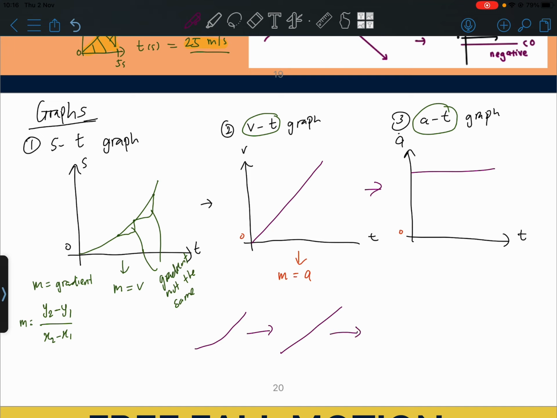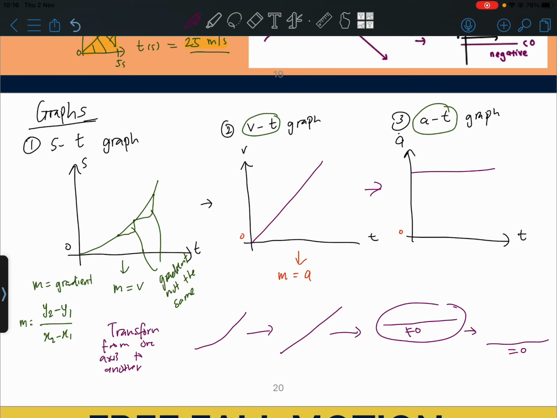If you have a straight line and you want to change into another axis, you will have a constant line. And from a constant line, if you want to change graph or axis, it will become a flat line at the value 0. But this flat line is not 0. So this is how we transform from one axis to another.